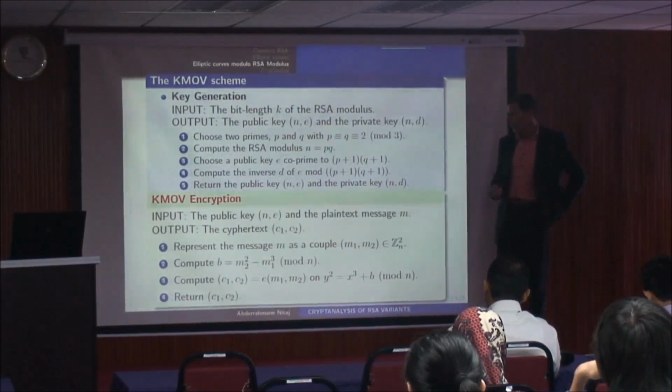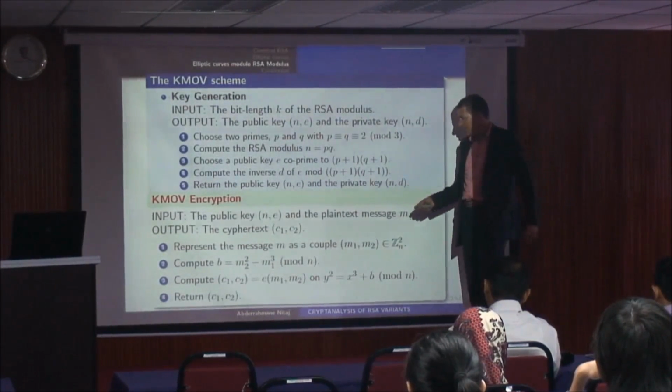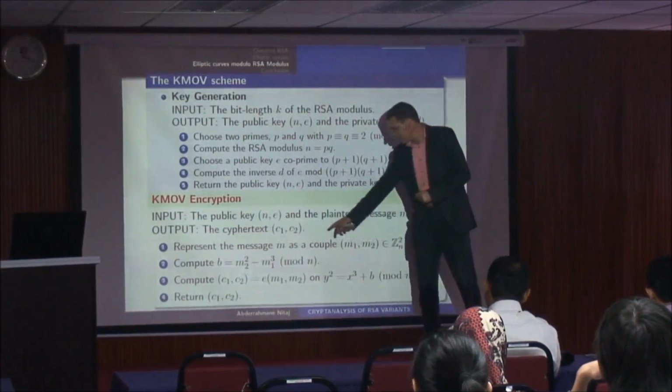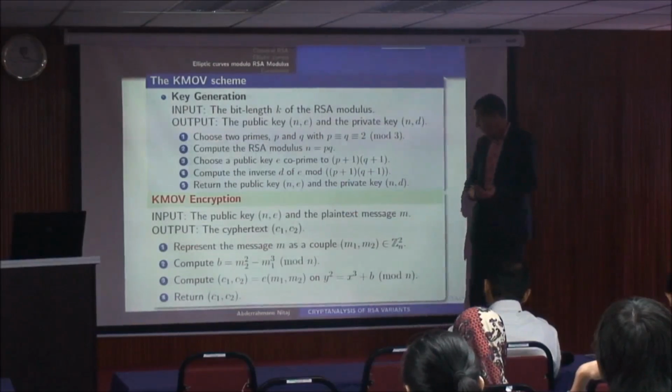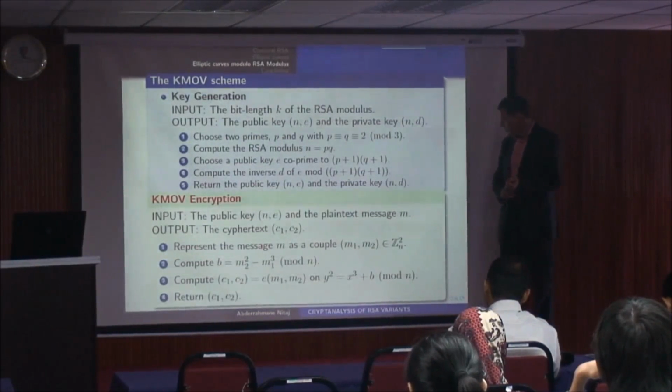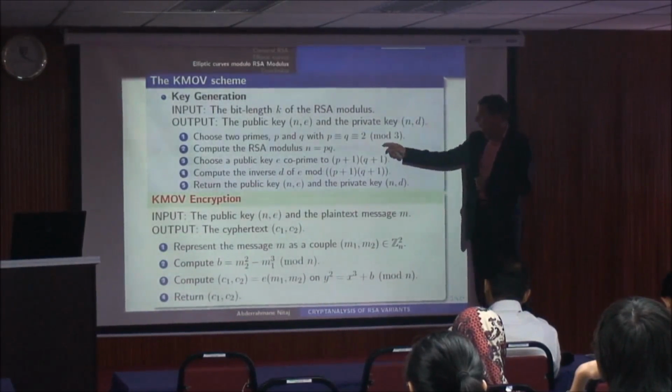So for encryption, you have to represent the message as a couple m1 and m2, such that m1 and m2 are less than n, so n is public.